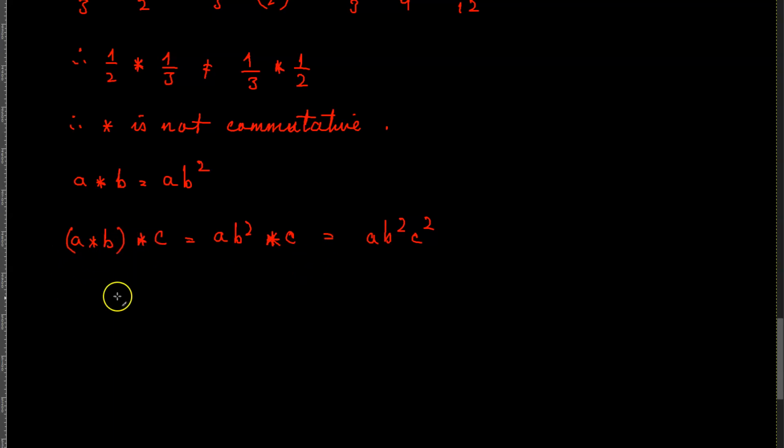Now, if I calculate A star B star C the other way, that gives me A star, and B star C would be BC squared. Now A star BC squared is again the first number times the square of the second number, which is basically B squared C raised to the power 4.